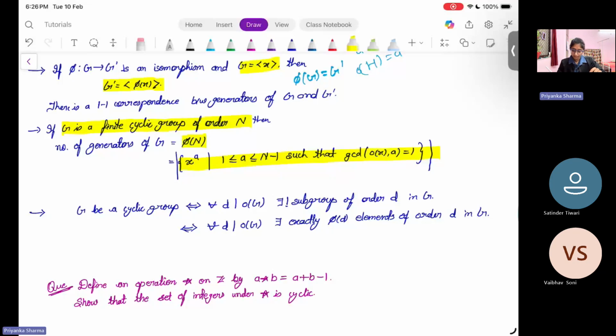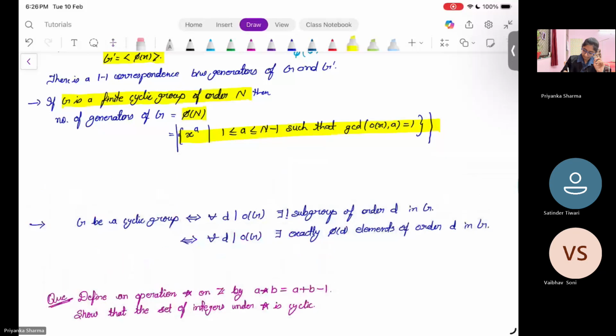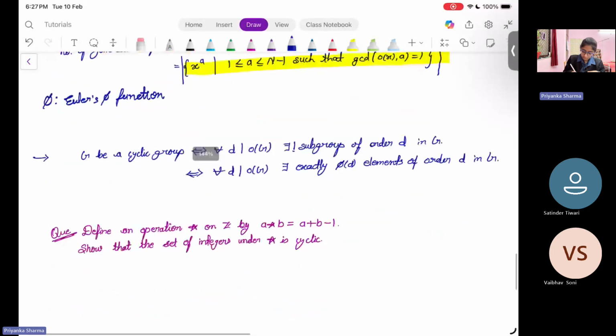Any doubt here? This phi is actually Euler's phi function, and you know how to calculate its value.